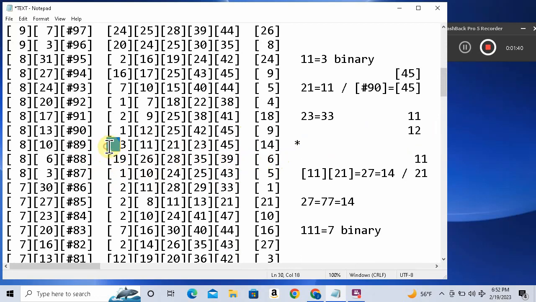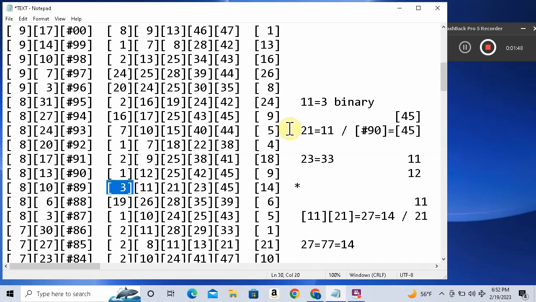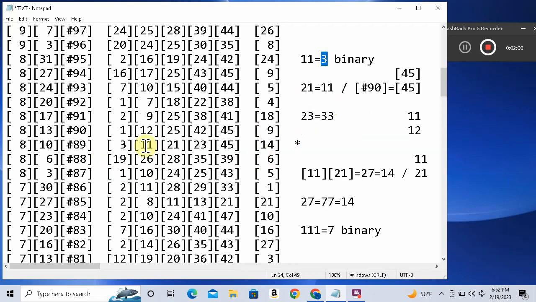Now, all these sequences are relational to each other. This 3, I'll explain over here. The 3 is related to the 11 because the binary 1 1 in binary digits is equal to 3. As you can see over here, it landed on 3, and then it translated itself as a binary digit right there.